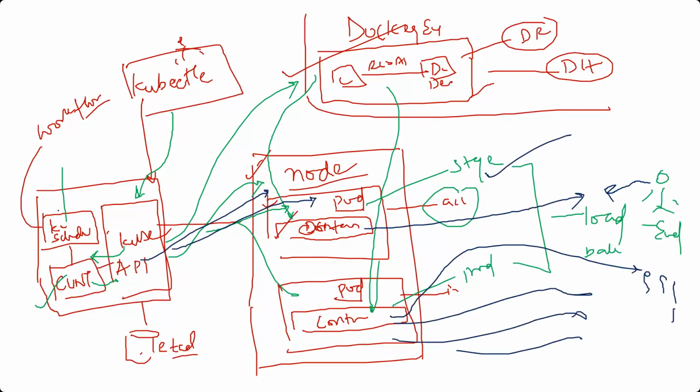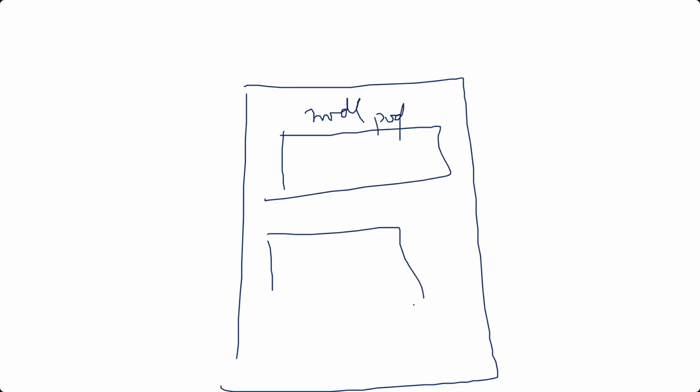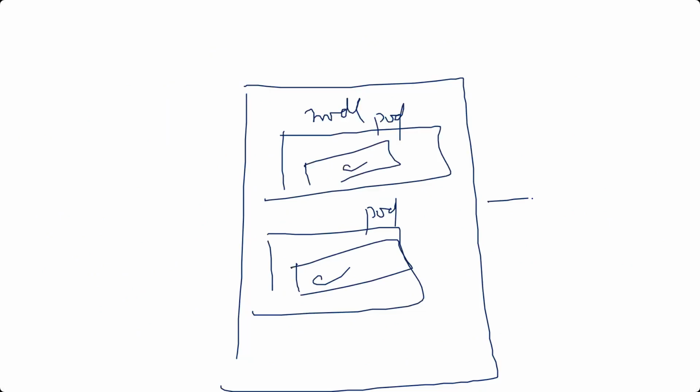Okay. So basically, if you look at all the architecture again, in the centralized setup, you have nodes. Each node has a pod. Pod is the place where it will hold the container. You have a load balancer and end users here.